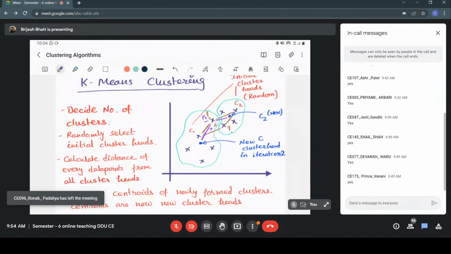And after the second iteration, your clusters would look something like this. This is how the mean of data points plays a role in improving the cluster with every iteration.